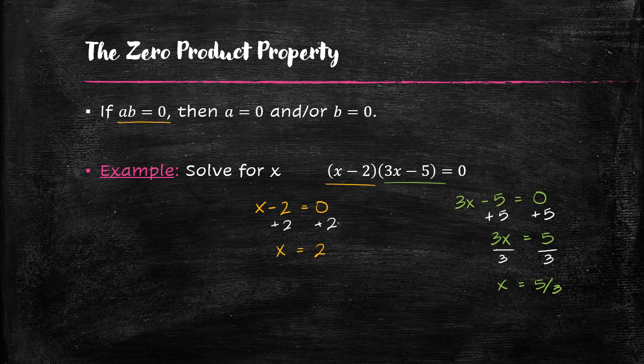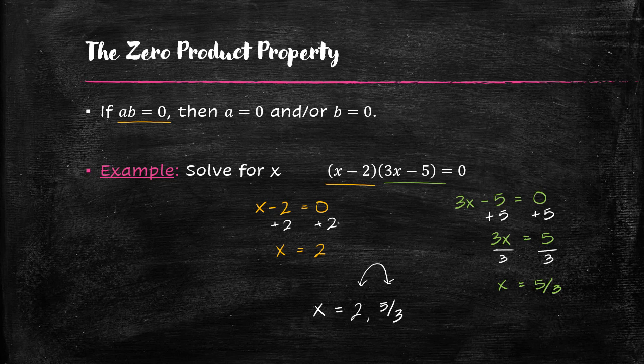So when we write out our solutions to quadratics, we generally put them in a list or a set. So I might say that overall my solution is x is equal to 2 and 5/3. Not like 2 and 5/3, one number, but two separate answers there. Of course, just a note, the order of these two answers is interchangeable. There's nothing in particular you have to shoot for there.